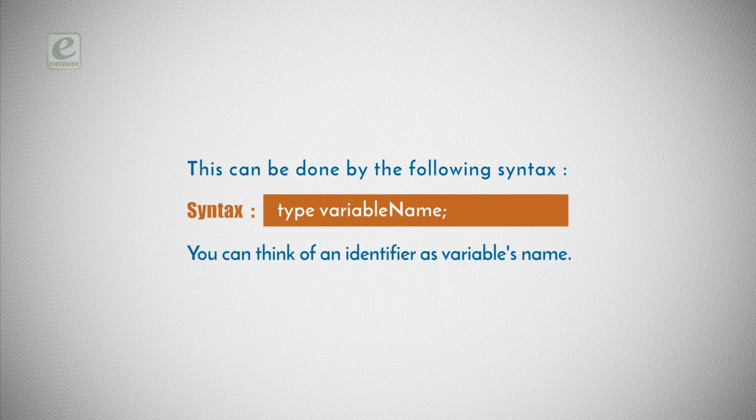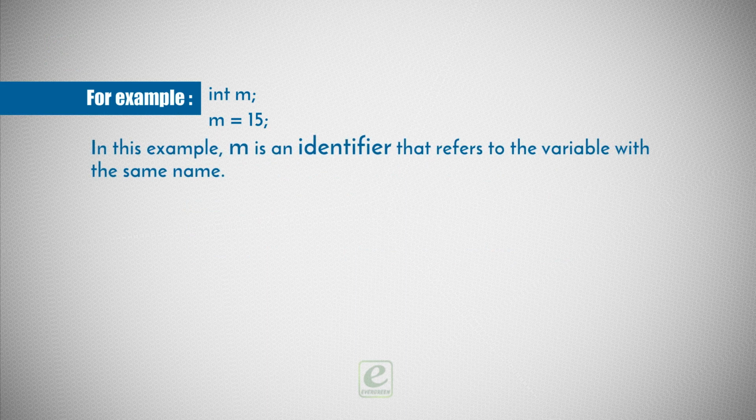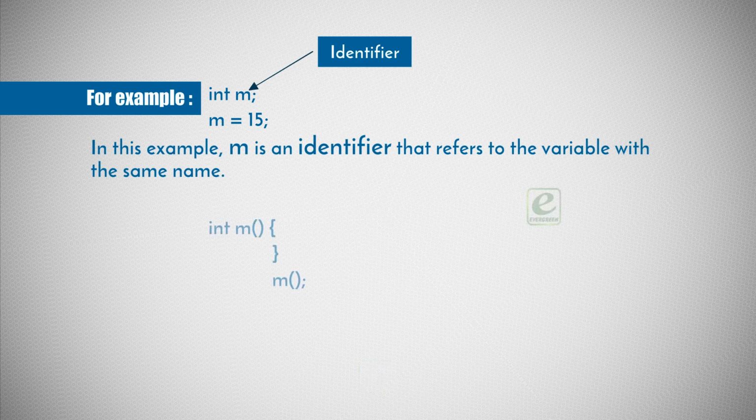You can think of an identifier as a variable's name. For example, int m; m = 15; In this example, m is an identifier that refers to the variable with the same name.